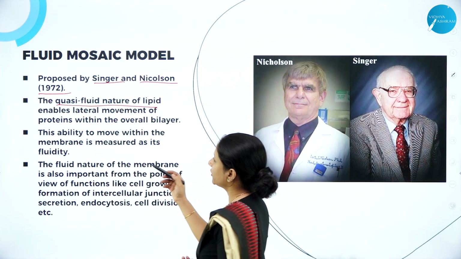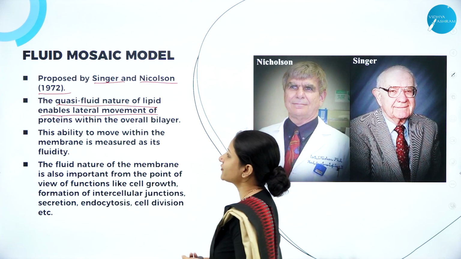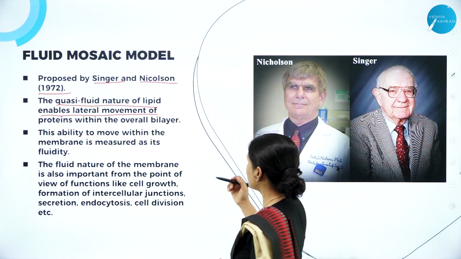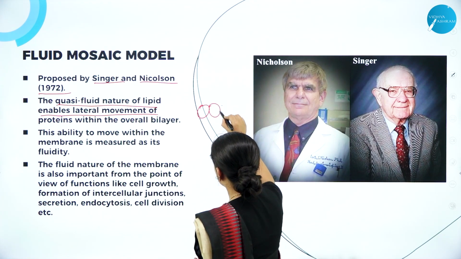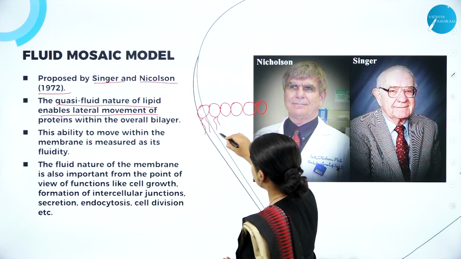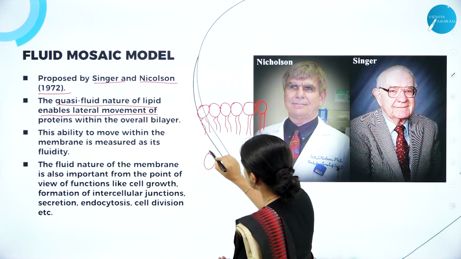So that is why they have called it the quasi-fluid nature of lipid, which enables the lateral movement of proteins within the overall bilayer of the phospholipid. So we had studied, right? It is made up of two layers. That is, it is a bilayer. So two layers.